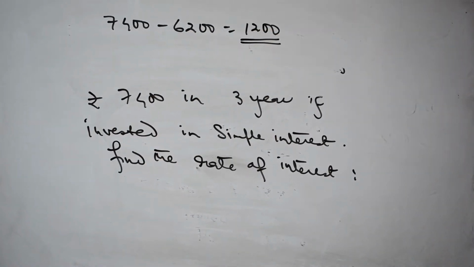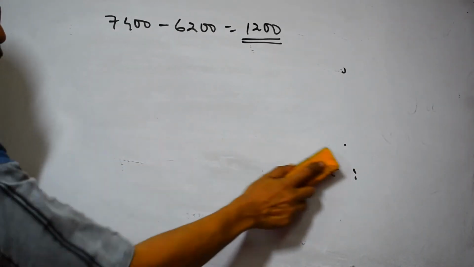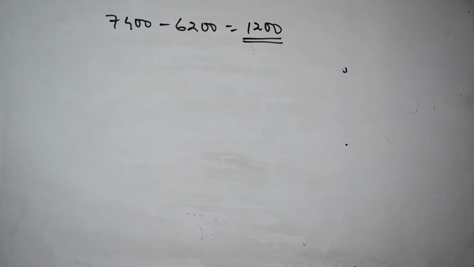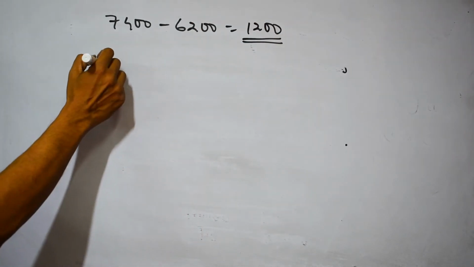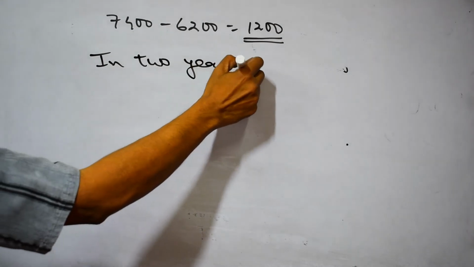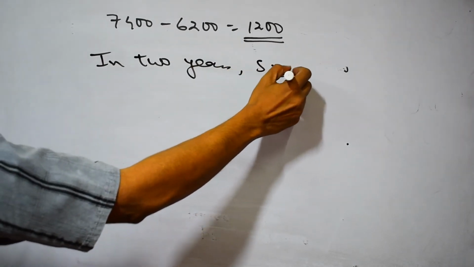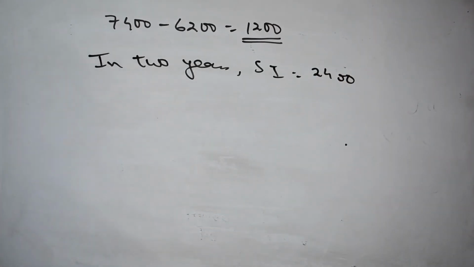That means every year, in this problem, 1,200 will be the simple interest. Therefore in 2 years the simple interest will be 2,400, because 1,200 into 2.